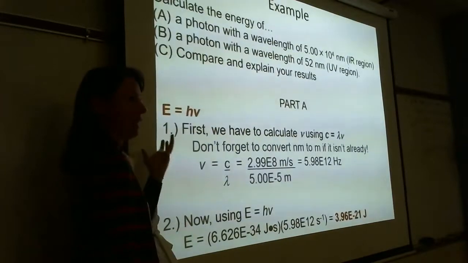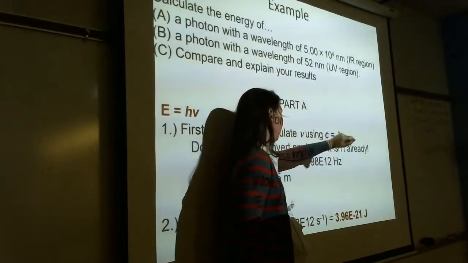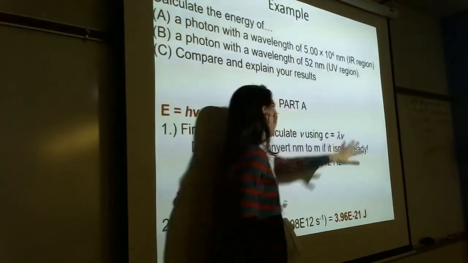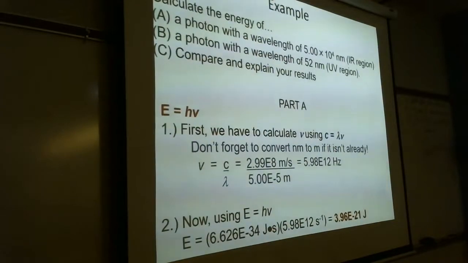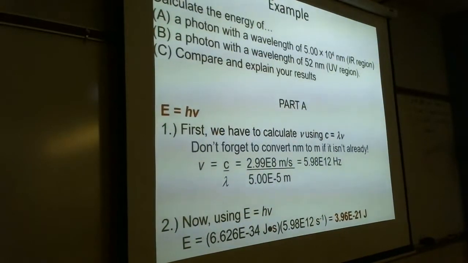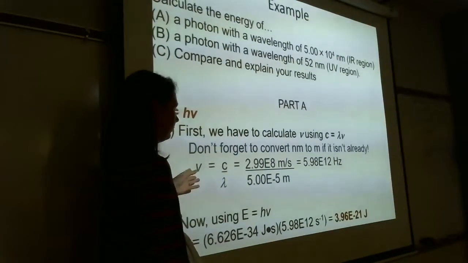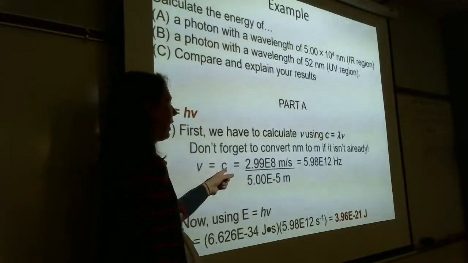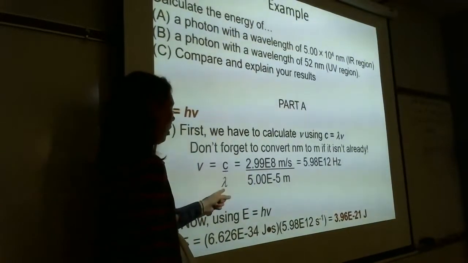So how can I get frequency? Well, we just talked about where I could get frequency just a second ago, using the speed of light and the wavelength. So we convert nanometers to meters, which we have to do, because there are 10 to the 9th nanometers per meter. And now I can plug it in and get frequency. If speed of light is equal to wavelength times frequency, then frequency is speed of light over wavelength.